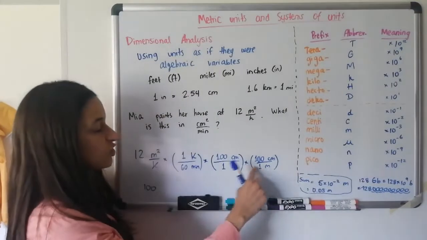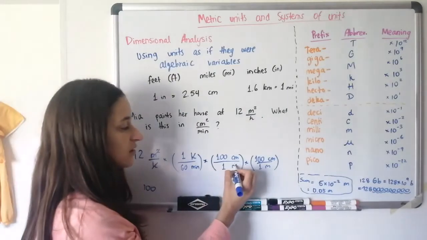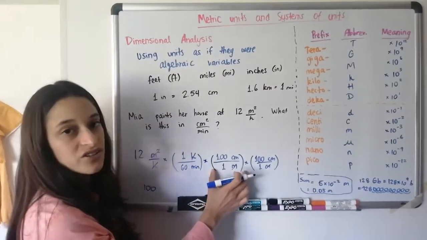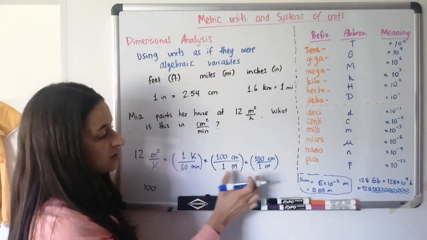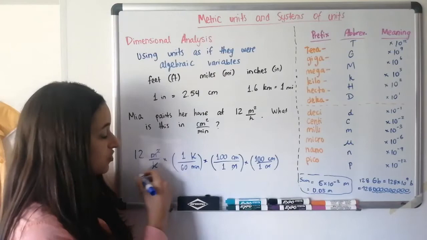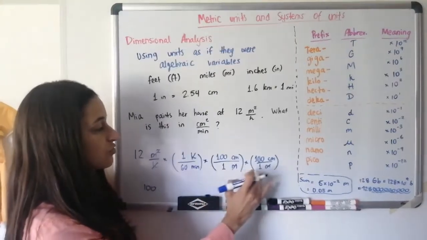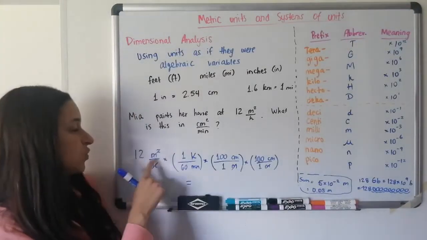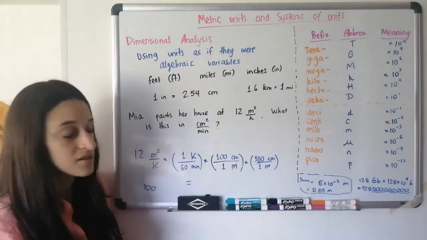So now we have 2 m's on the bottom, 2 m's on top, and we can finally cancel the 2 m's with the m squared. You could have also squared this whole fraction because it's the same thing as multiplying by it twice. So this whole number times the 3 fractions is going to be what we put into the calculator to find out what 12 square meters per hour is in square centimeters per minute.